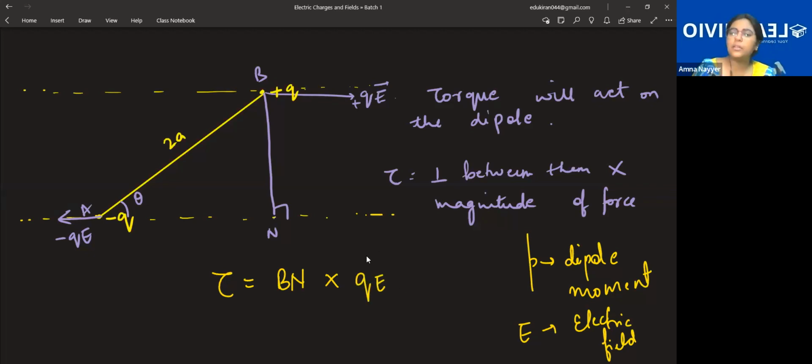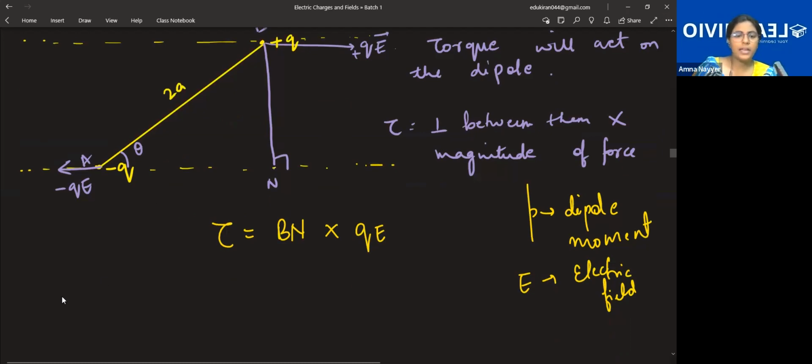So we are familiar with QE, but having BN in our formula is not a standard way to answer. We still have to find out what this BN is. Now look, I have this triangle with angle theta. In this triangle, we can do some manipulations.